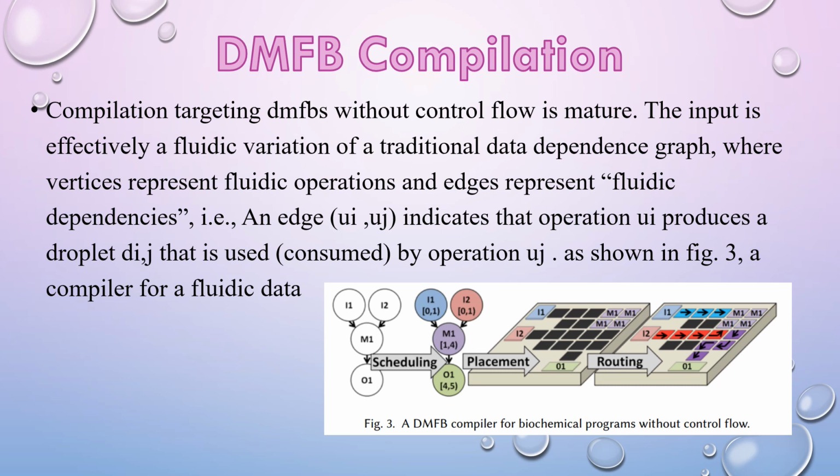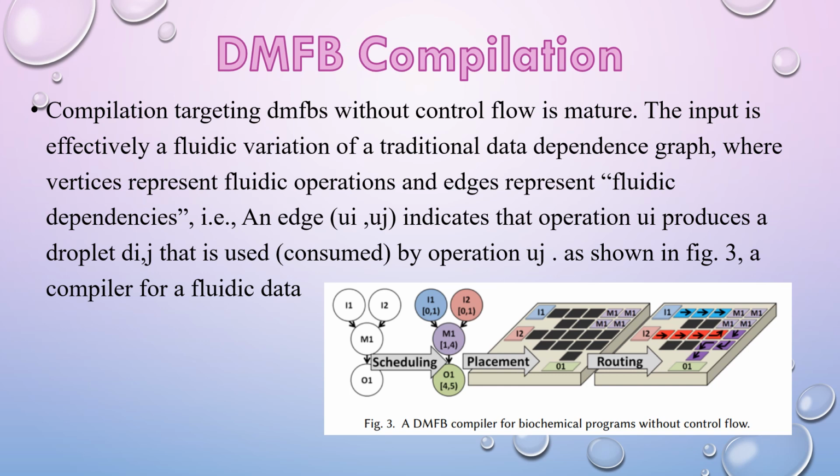DMFB compilation. Compilation targeting DMFBs without control flow is mature. The input is effectively a fluidic variation of a traditional data dependence graph where vertices represent fluidic operations and edges represent fluidic dependencies. That is, an edge ui, uj indicates that operation ui provides a droplet di,j that is consumed by operation uj, as shown in figure 3a.